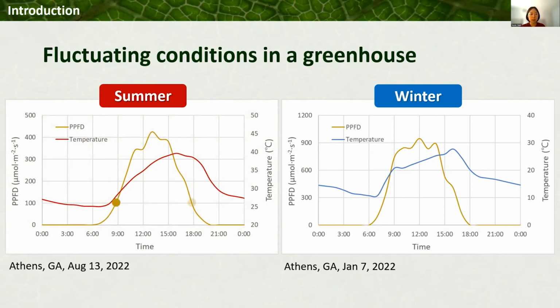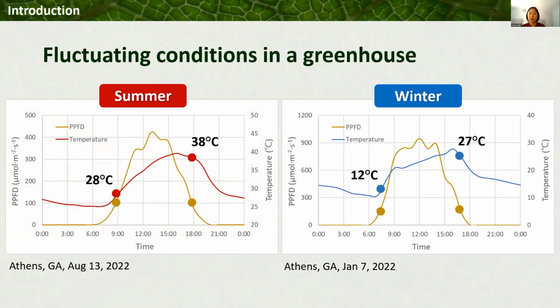As you can see, even if the sunlight level is the same in the early morning and afternoon, the temperature can be significantly different. For example, in summer the afternoon temperature would be too high, for example 38 degrees C in August in Georgia.